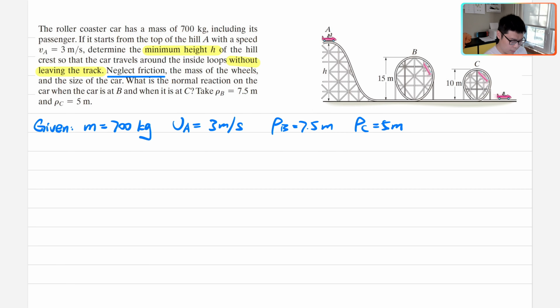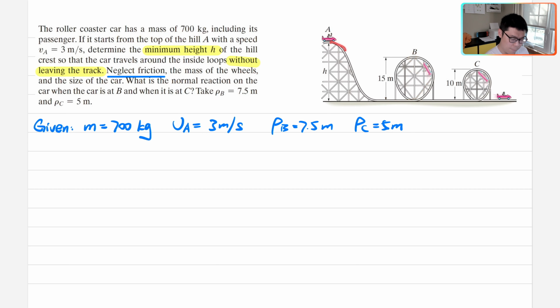So what does it mean here? We want the car to travel around the loop without leaving the track. So what is the tipping point when the car will leave the track? Imagine if we do not have enough speed, then this car will never go up to the top.